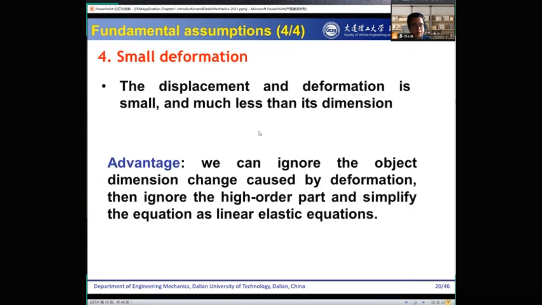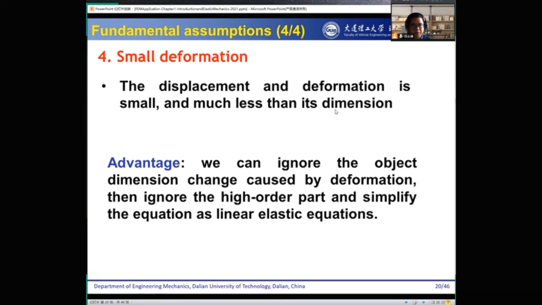The last assumption is the small deformation assumption, which means the displacement and the deformation are small and much less than its dimension. The second part of the sentence is important: small deformation is comparable to its dimension.